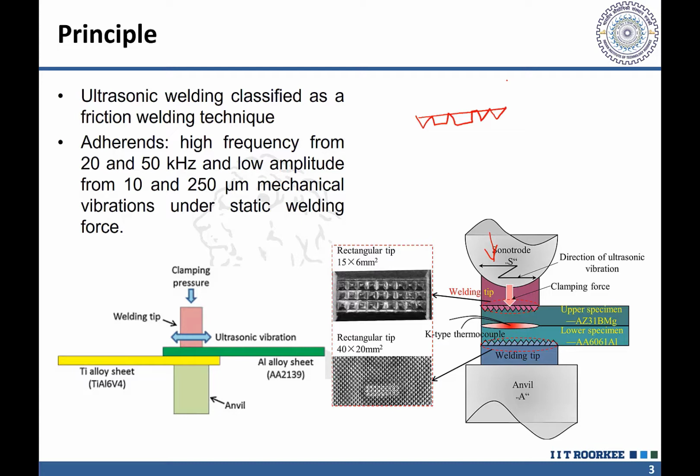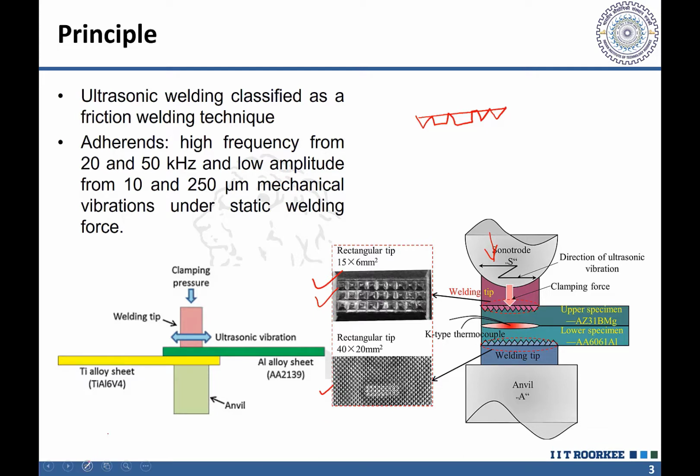It helps in focusing the application of the vibrations so that enough interfacial softening or melting can be realized through the interfacial frictional heating. So these are the typical sonotrode tip surface morphologies, shown here just as an example.